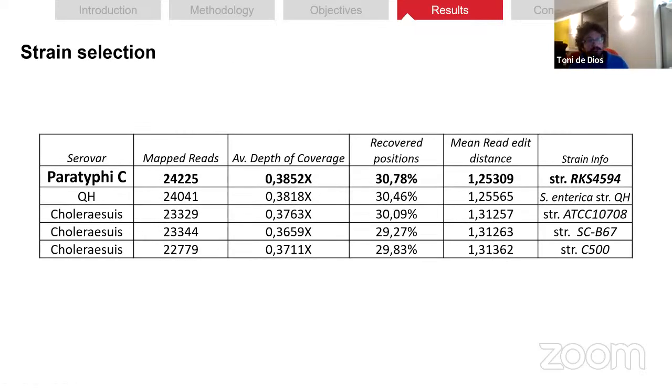So we mapped against these 800 different reference genomes, and we see that the most suitable reference genome, the most possible serovar, is Paratyphi C. It has the most reads mapped against this genome, and also the reads are quite similar to the reference.